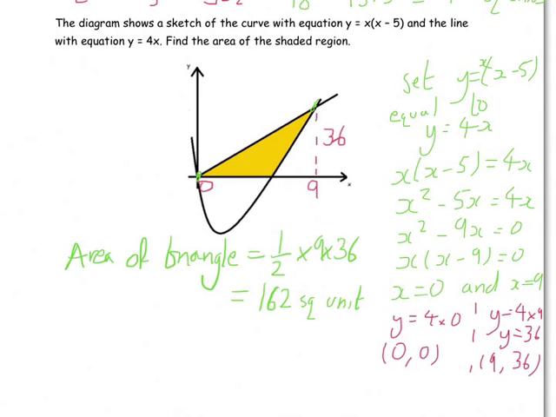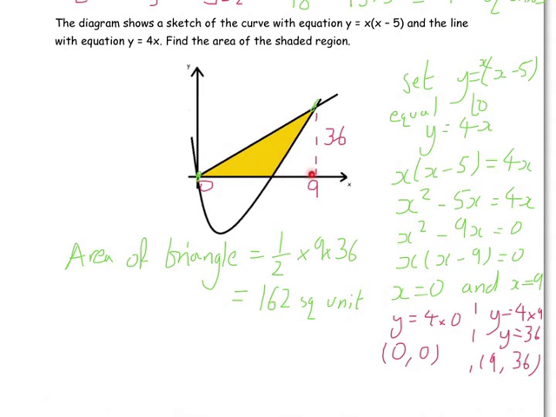Now we can also integrate the curve between the two solutions here and here, because if we integrate it between there and there, the area is only going to be positive. Well, we know that entire area there is 162.